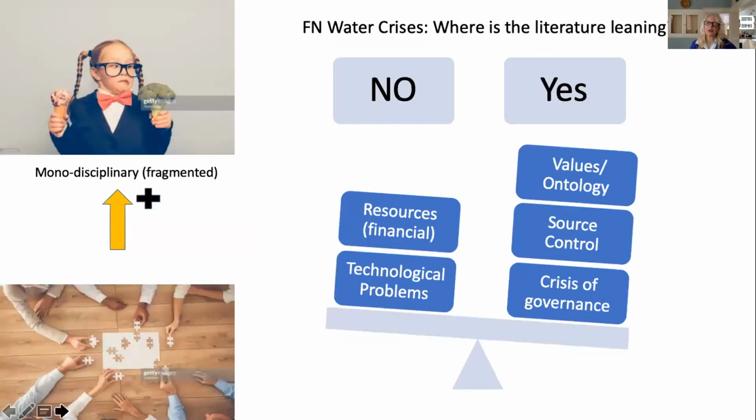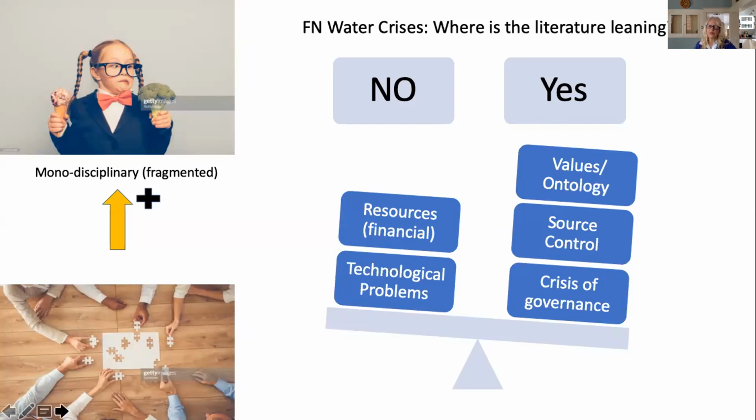The literature on First Nations drinking water and Indigenous water governance is really rather rich. But what is apparent is that it is leaning toward certain categories. There's a prevalent school of thought that holds that water crises are really a crisis of governance.